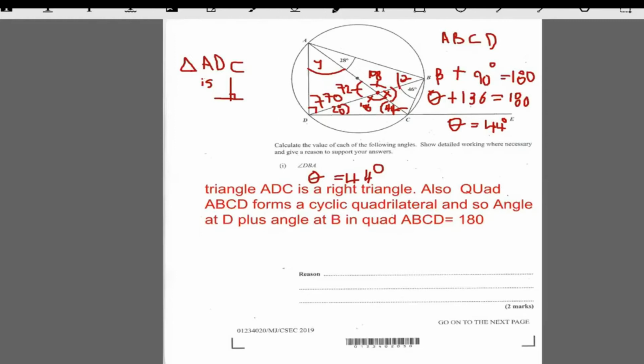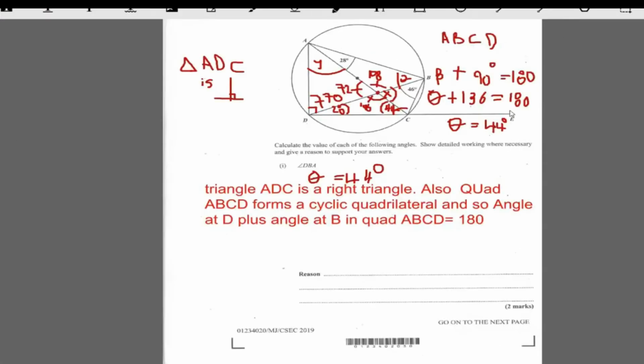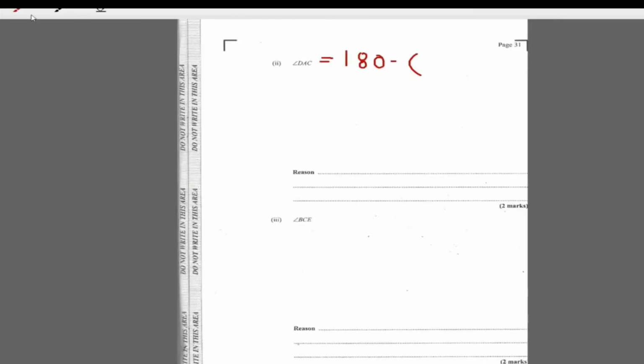So angle DAC, which I call Y, angle DAC is equal to 180 minus 70 plus 72.